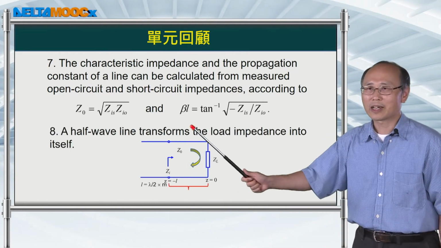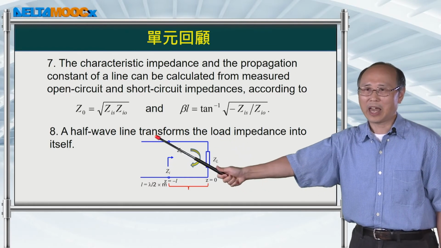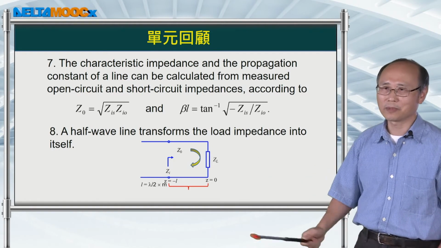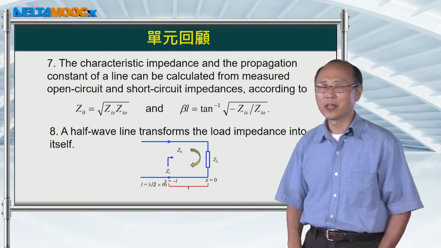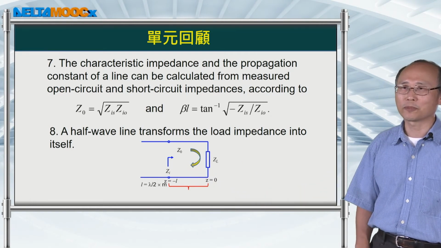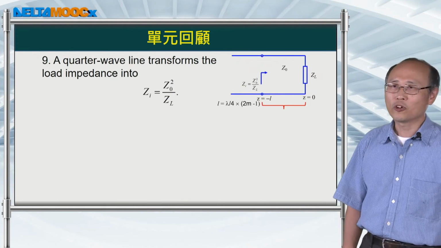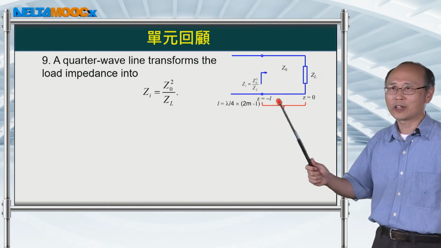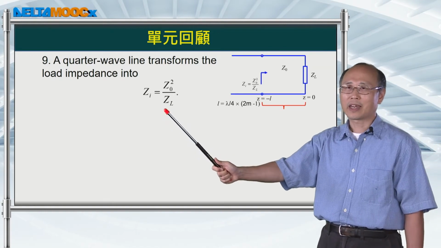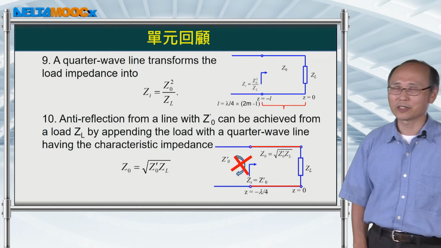We also told you that a half wave line will transform the load impedance into itself, for the simple reason that you establish the standing wave patterns on this transmission line because of the forward and backward signals. For a quarter wave transmission line, the input impedance is given by this value. And we have one important application for this result.